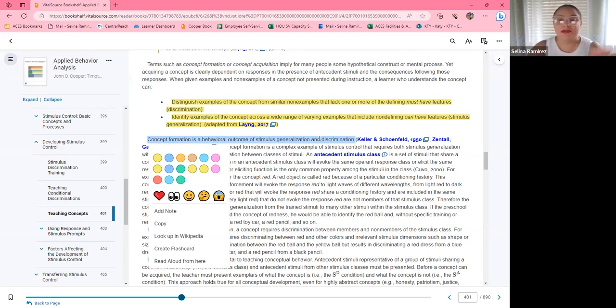Now they're able to discriminate which one is the apple when I ask what is an apple, but they're also able to look at other apples and know that they are apples if they're in 3D, 2D, no matter what kind of apple. They have now generalized across all different kinds of apples. So that will be your concept formation.